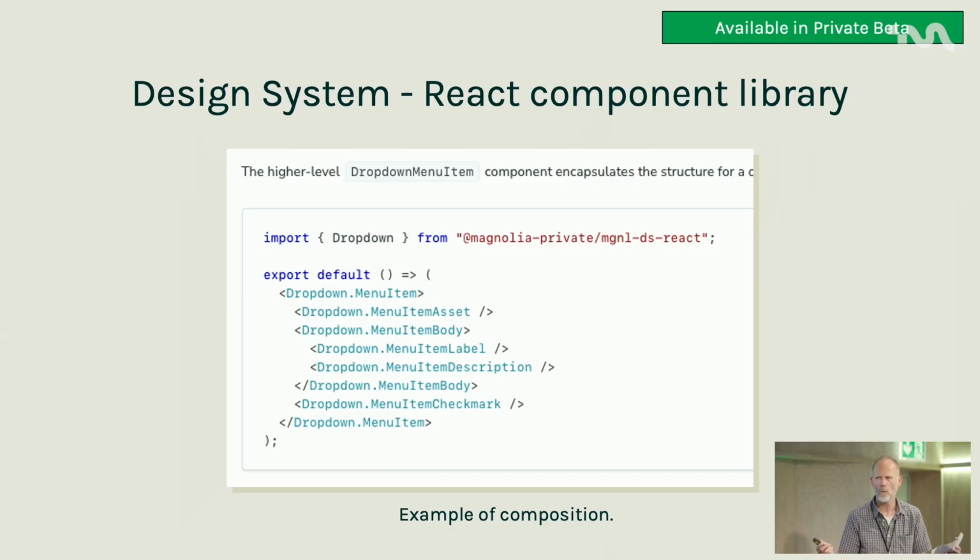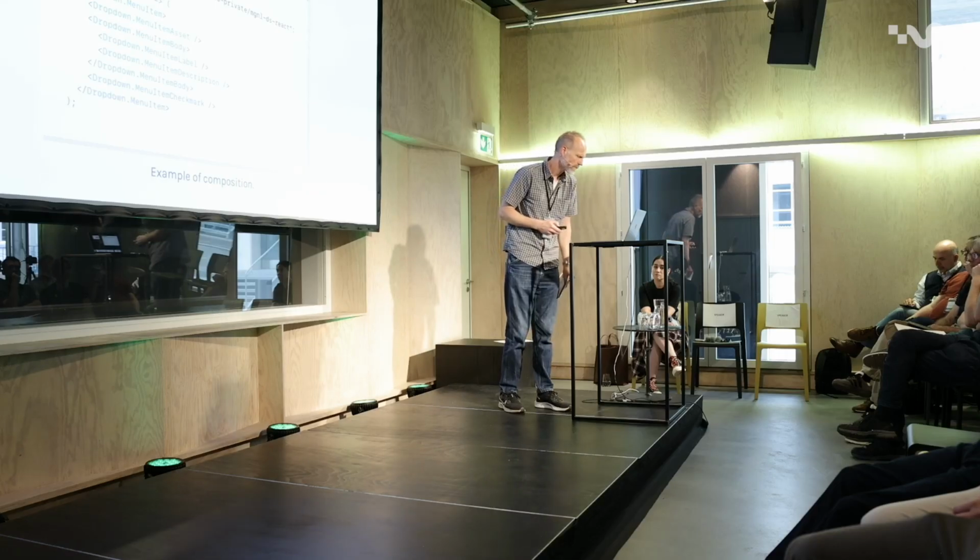It's kind of the Magnolia way. So it's maybe at the cost of some verbosity. Here's a menu item, and then the menu is even bigger, but it means that you can have total control of how the thing is being laid out, and total control if you want to bring in your own flavor to an existing Magnolia design system component.